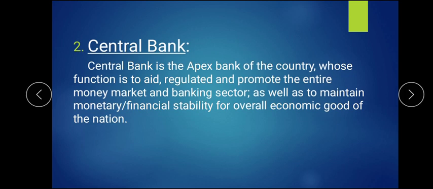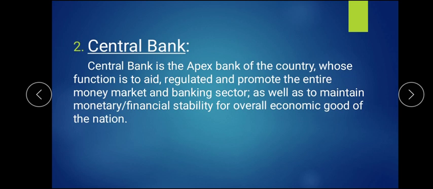Different things which give us money are regulated. They also look over the banking sector and the money market, and they try to keep money stable. Money should be constant, neither depreciating nor appreciating, though depending upon the market situation it happens. So they try to control the money in the whole economy of a particular nation.